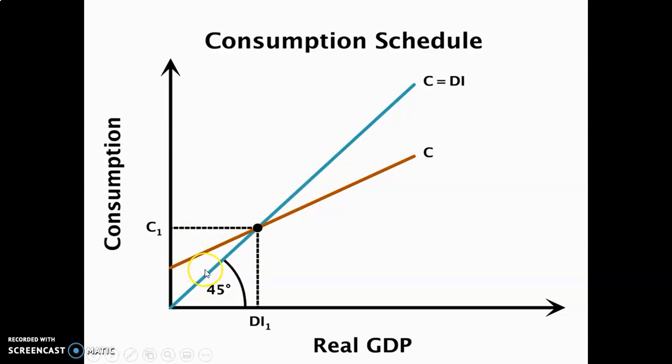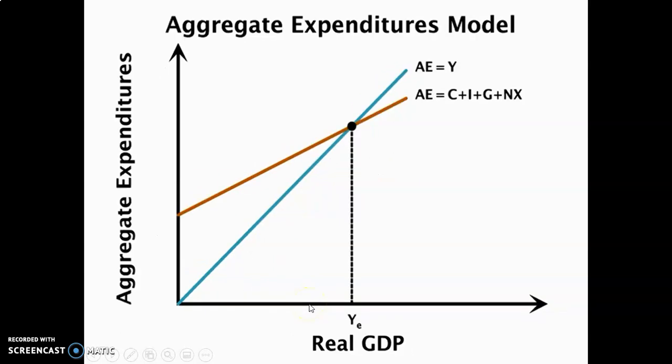So if income goes up, one thing that's going to happen is autonomous consumption is going to go up, and we're going to have a new line with a new real GDP that's going to intersect this 45-degree line at a higher point. So this is another way of looking at our aggregate expenditures model, where now our consumption is aggregate expenditures, and it's equal to real GDP, C plus I plus G plus NX.